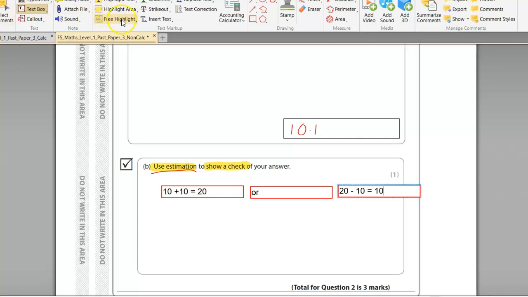All right, so whether you want to do it this way, using the reverse calculation like we normally would, but using rounding because it says use estimation, or because it's an estimation show or check question, we are allowed to, if we prefer to, just keep it in the same order. It doesn't have to be a reverse calculation on these estimation check ones.